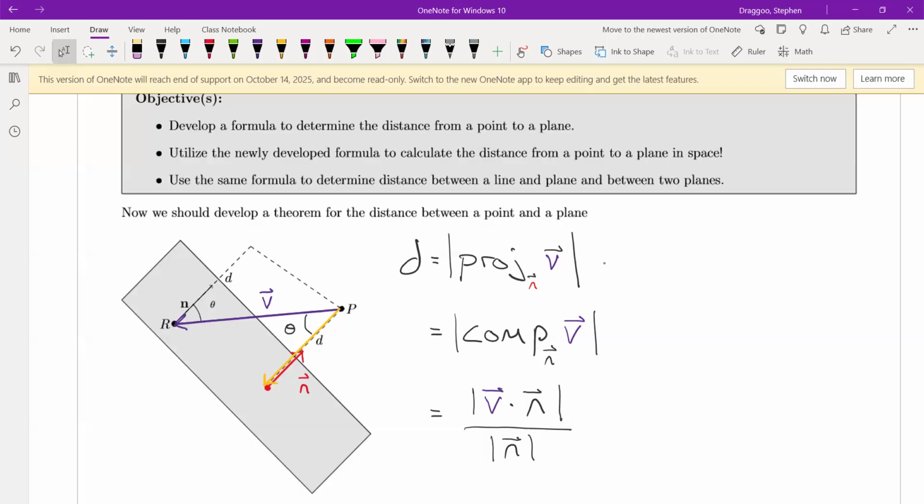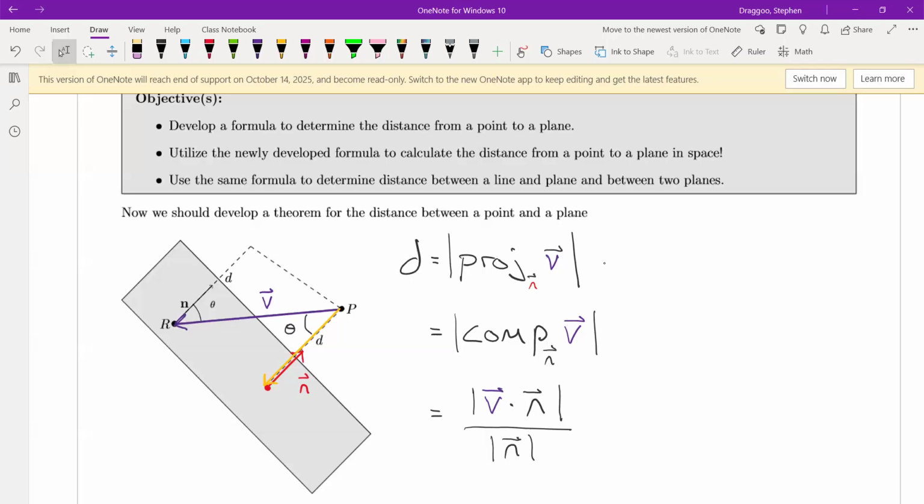If I take any other line that is not that orthogonal line of intersection, I'm going to have a longer distance than just going straight at the plane. So, if I'm looking for that orthogonal line of intersection between the point and the plane, that line is going to be parallel to the normal vector.